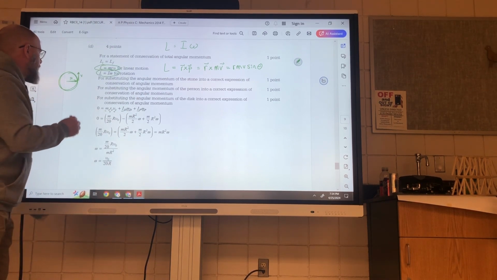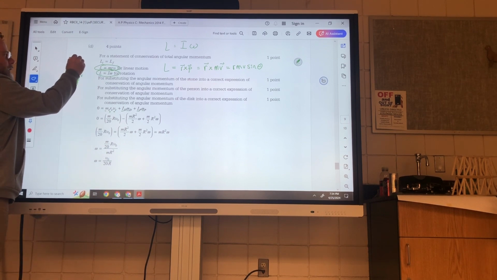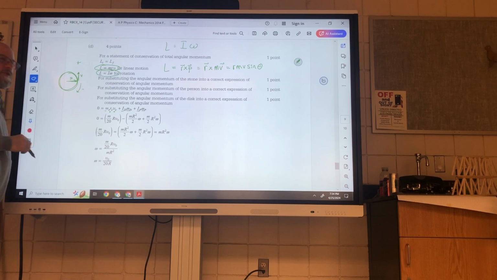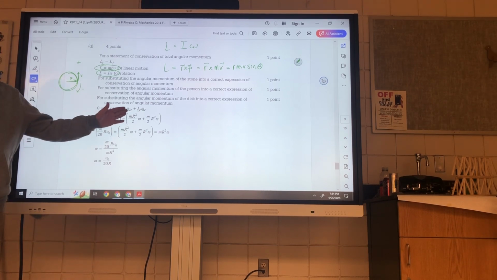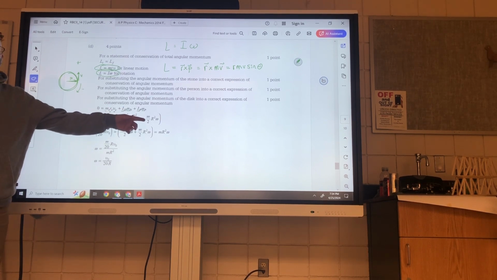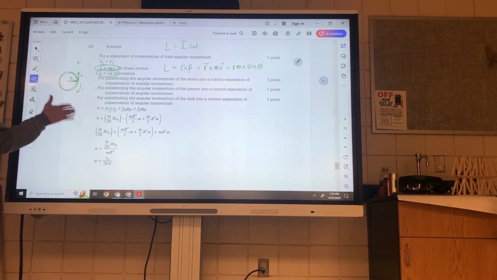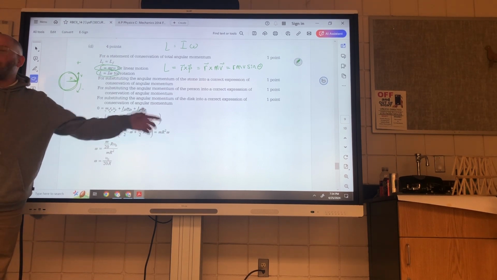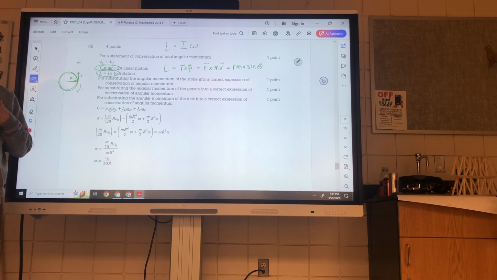The stone is going to go in the positive direction, and the guy and the disc are going to go in the negative direction. So if you add it all up, it has to be equal to 0. Whether you add them all up and then subtract on this side, or you just say they're negative to begin with, it doesn't really matter.